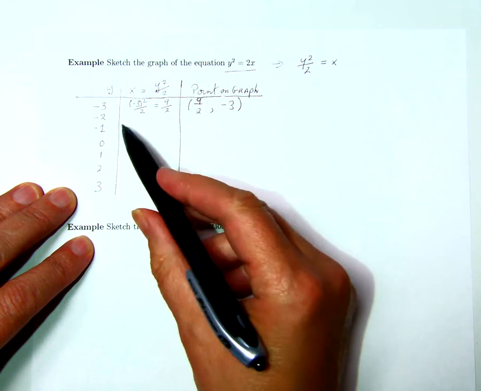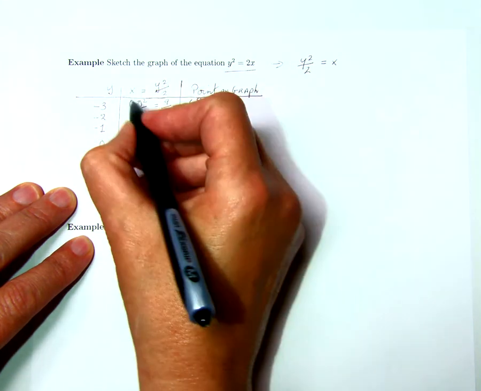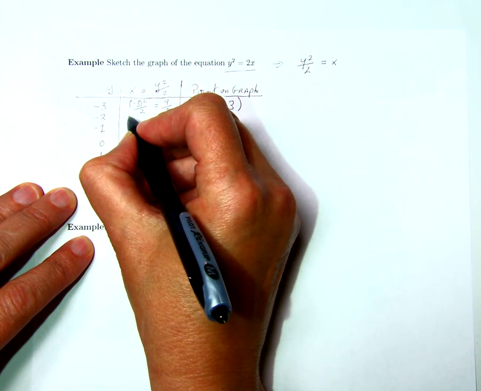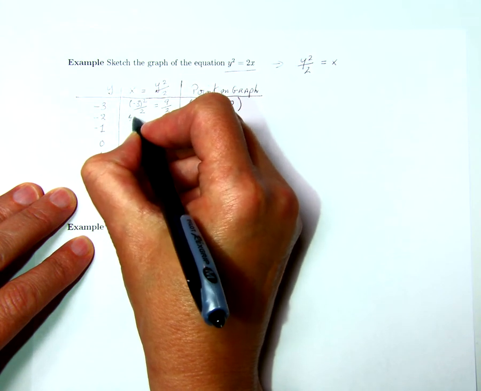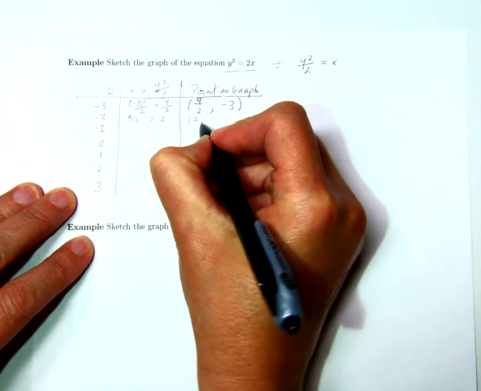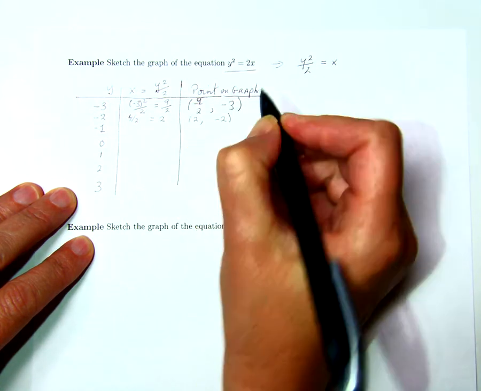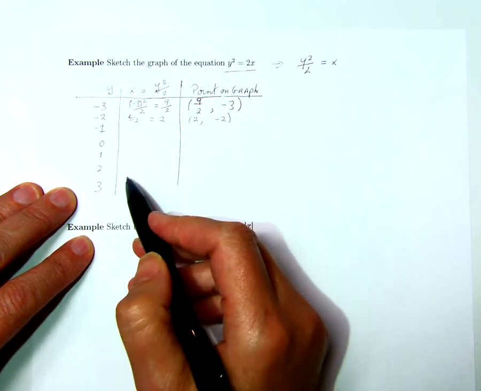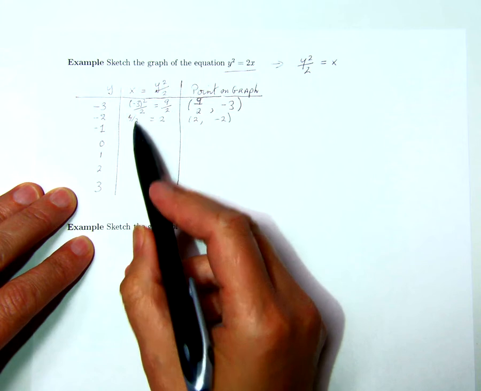When y is minus 2, x must be y squared over 2. So we get x is equal to 4 over 2, which equals 2. So the point (2, -2) is on the graph. That is, y is minus 2 and x is 2. When y is minus 1, there's a unique x to go with it.